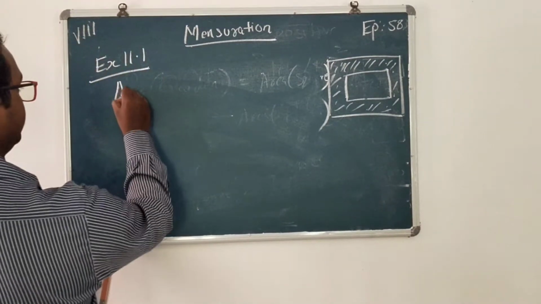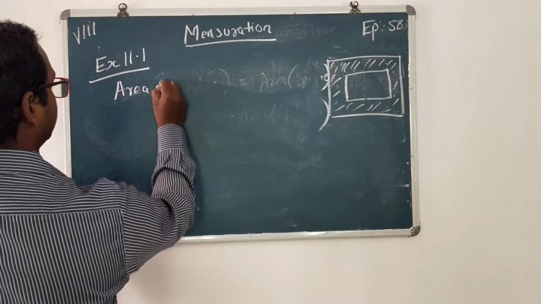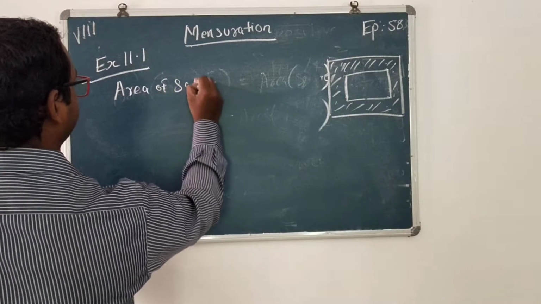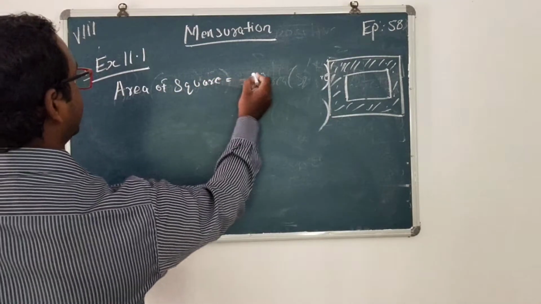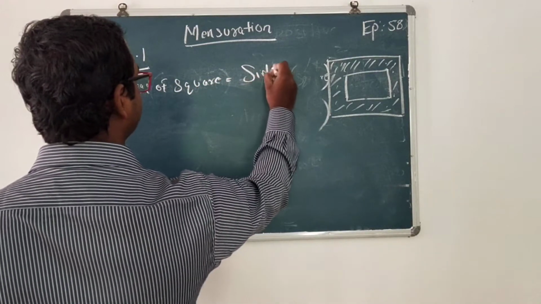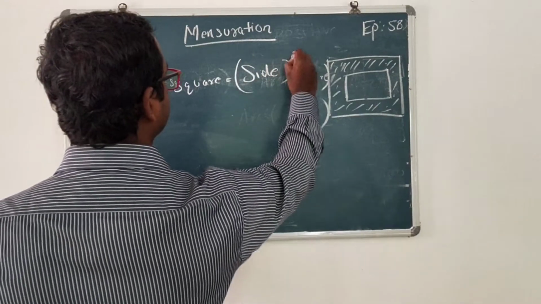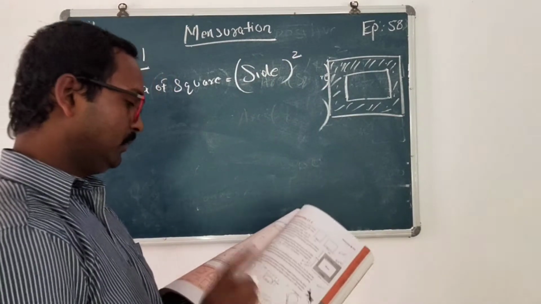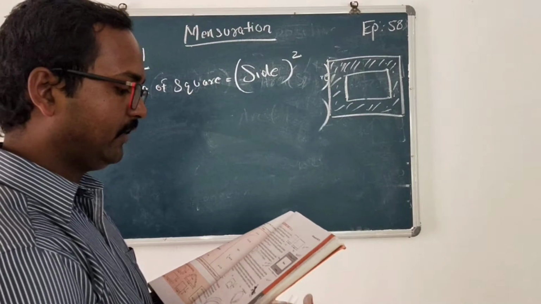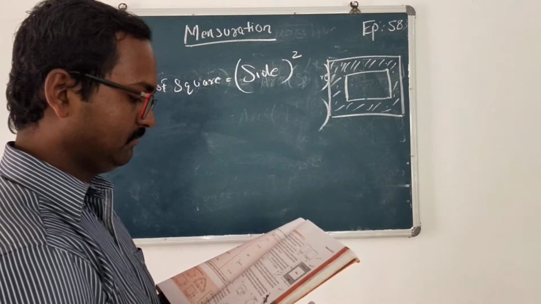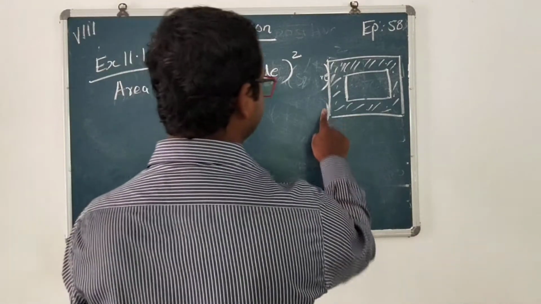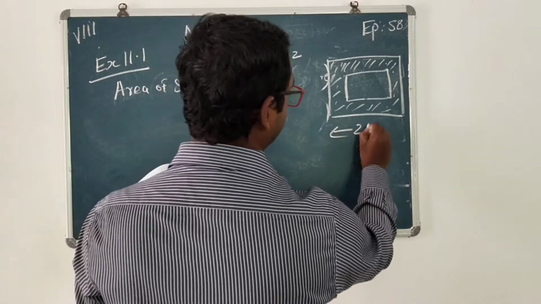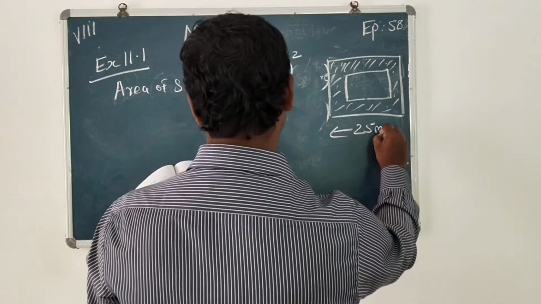Area of square is side into side. So here let's look at the figure and find the side. Side is 25 meter.